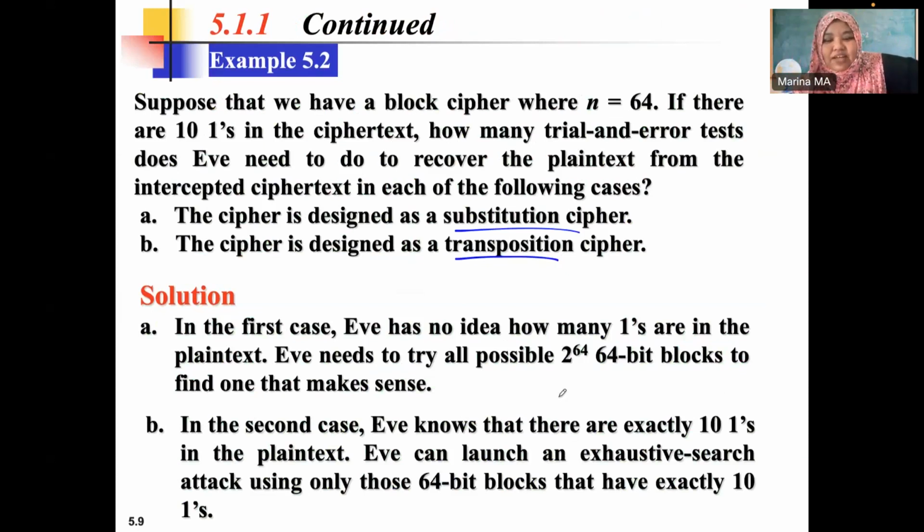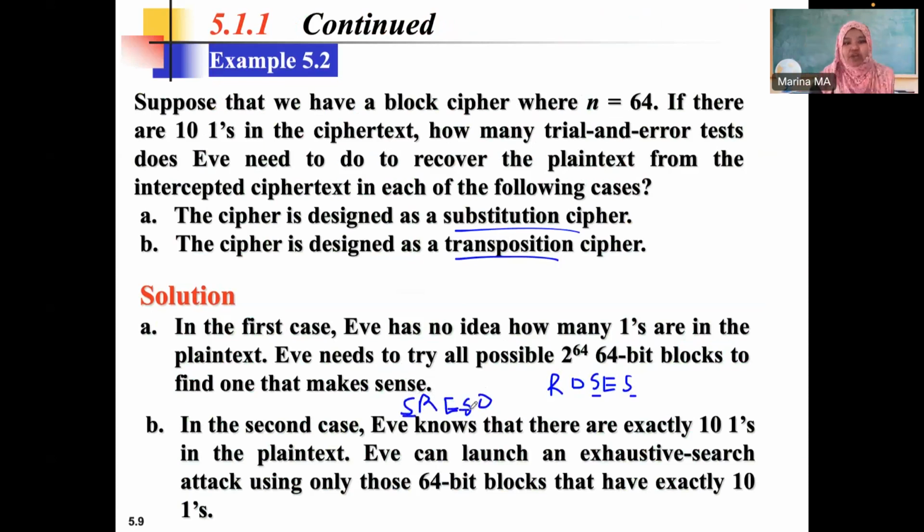If it is, for example, roses, in transposition you might change it to become SRESO. So in the original plain text there are 2 S's, and in your cipher text after transposition there are still 2 S's. Then you can just play around: what if the first one is S, and what is the second one?